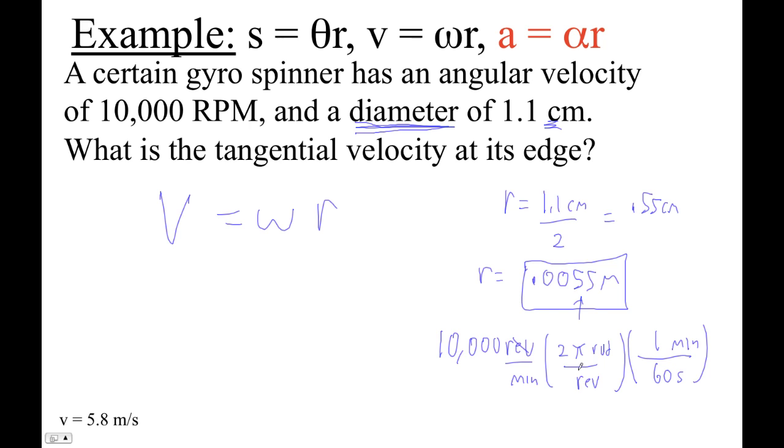Again, the revs go away, the minutes cancel, and we end up with radians per second. So 10,000 times 2 times pi divided by 60. Let's see if that works. 1,047.2.